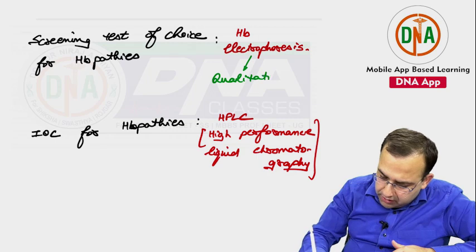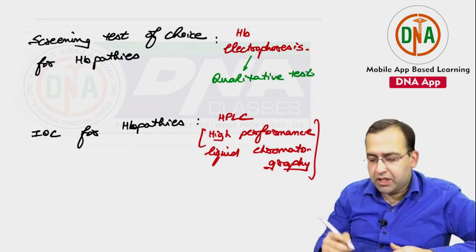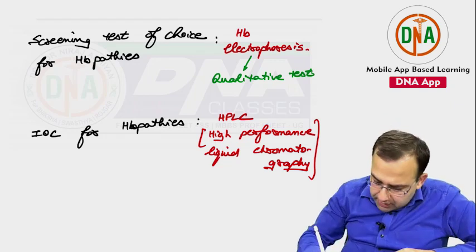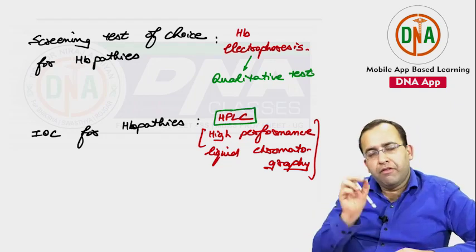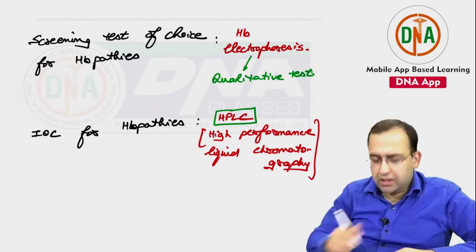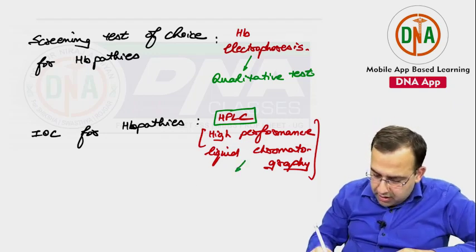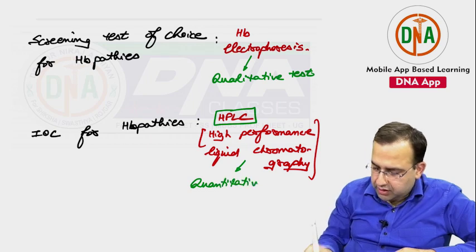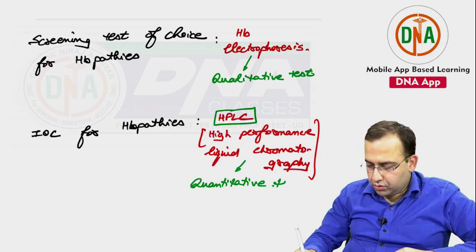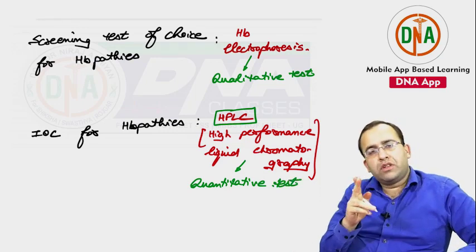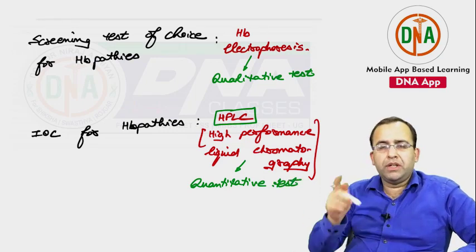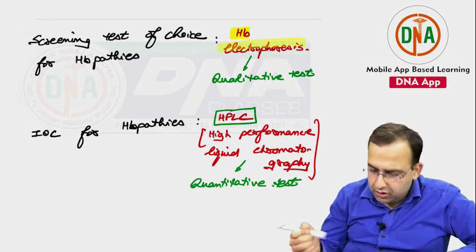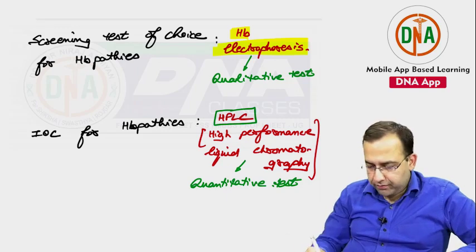That is, it will just tell you whether a hemoglobin is present or absent. Versus HPLC, which tells you the exact percentages of all the hemoglobins. That is, it is a quantitative test. So screening test of choice for hemoglobinopathies, hemoglobin electrophoresis, versus investigation of choice, HPLC.